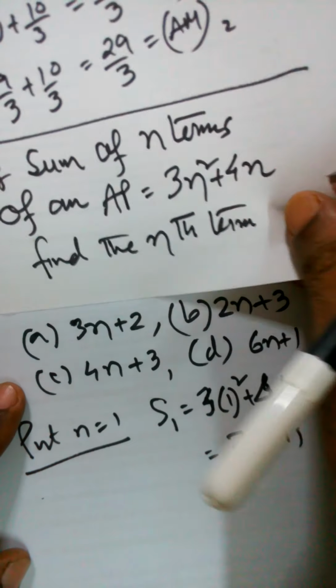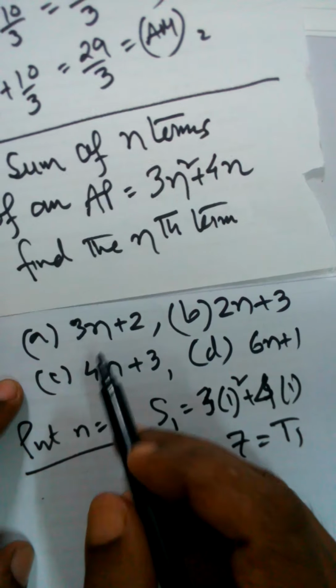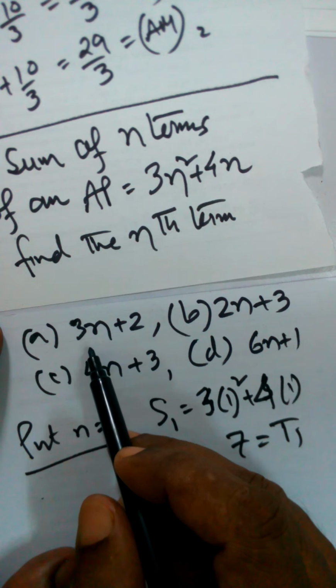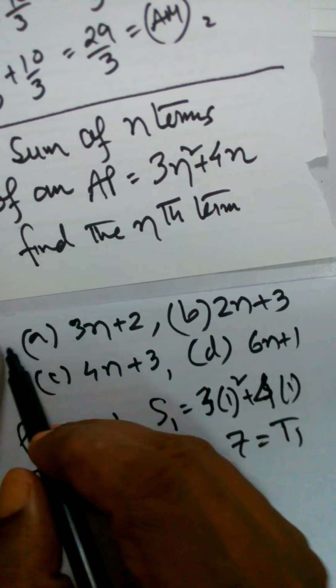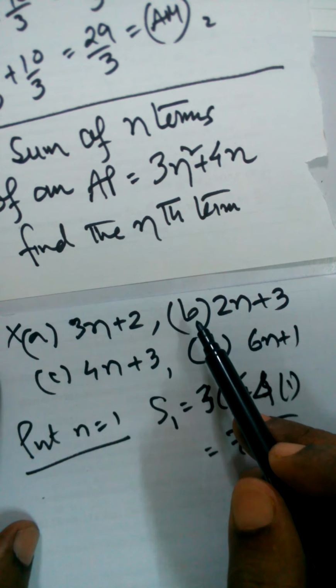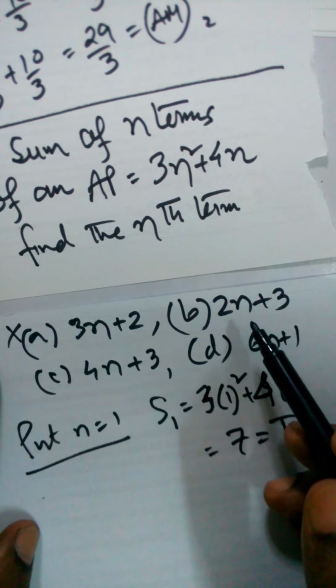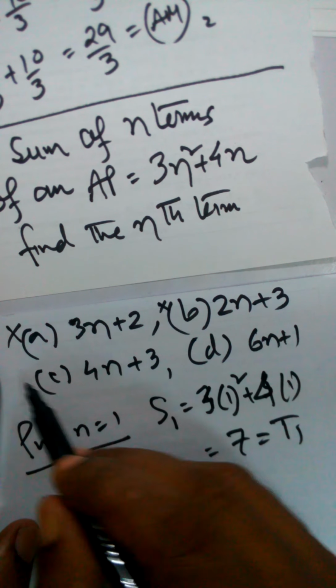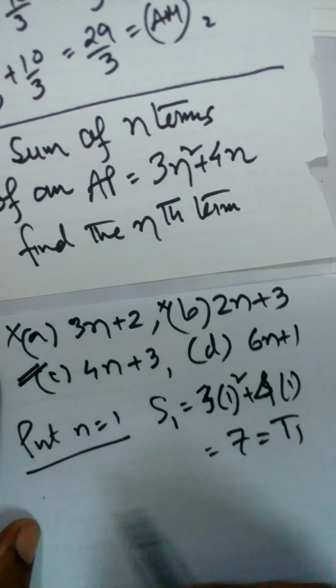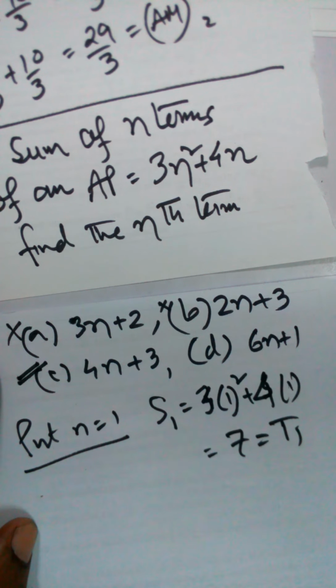Okay, one thing you can do. Choose the options. Option A, n is equal to 1, is 5. Our answer is 7. So answer A is not correct. Then option B, n is equal to 1, again it is 5. So it is not correct. Then option C, n is equal to 1, it is 7. It may be true. Why maybe?